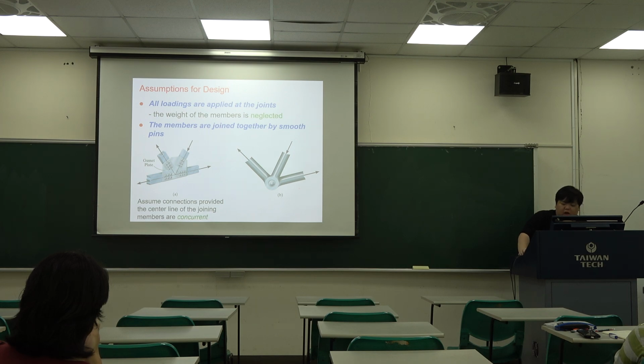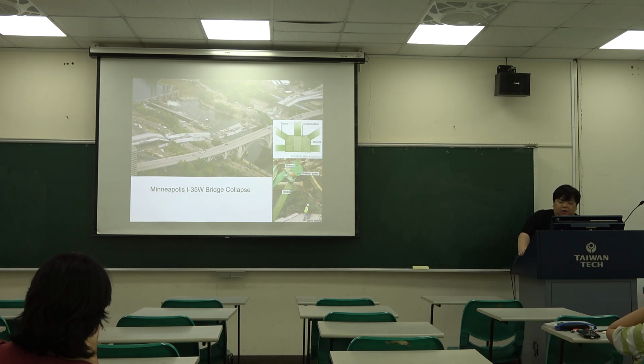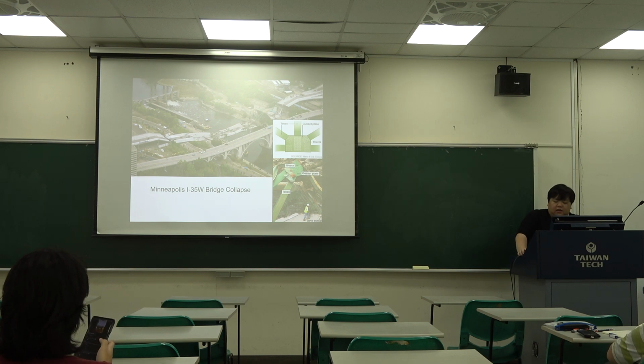Okay, this is the case study about the collapse of the I-35W Bridge. You can see so many trusses were connected to the gusset plate using rivets, like this.